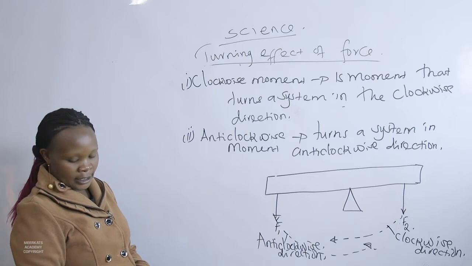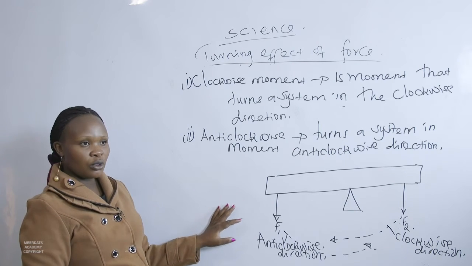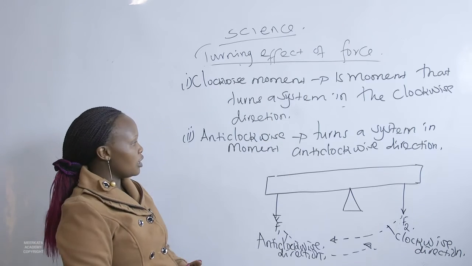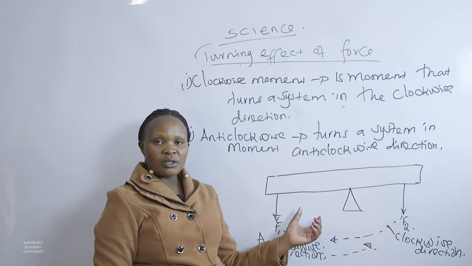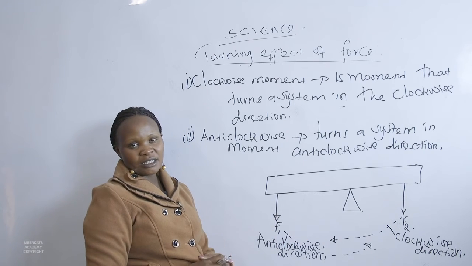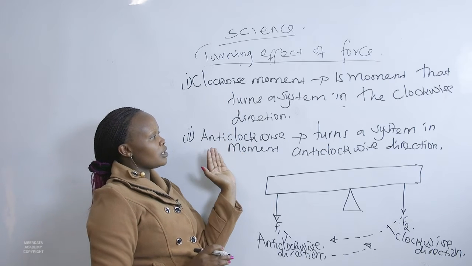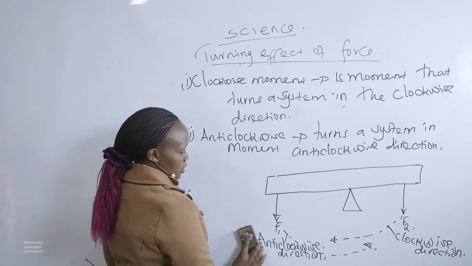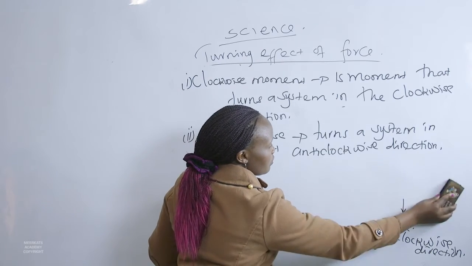But we are saying that for our principle to hold, these two have to balance each other for the system to remain at equilibrium so that it doesn't turn in any direction. Then the two, the clockwise and the anti-clockwise, have to balance. Now let us look at a numeric example to that effect.